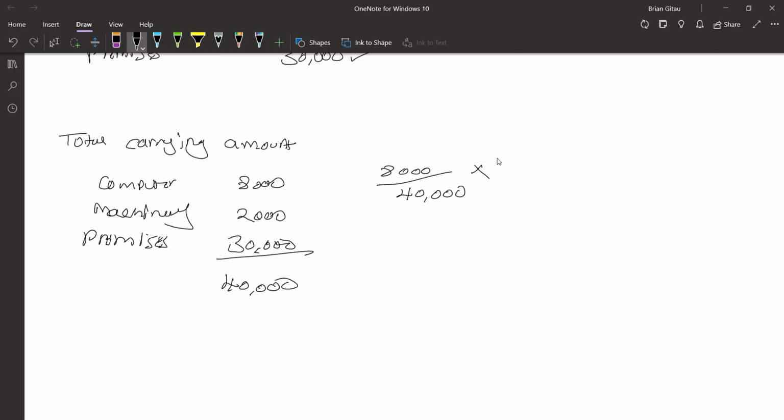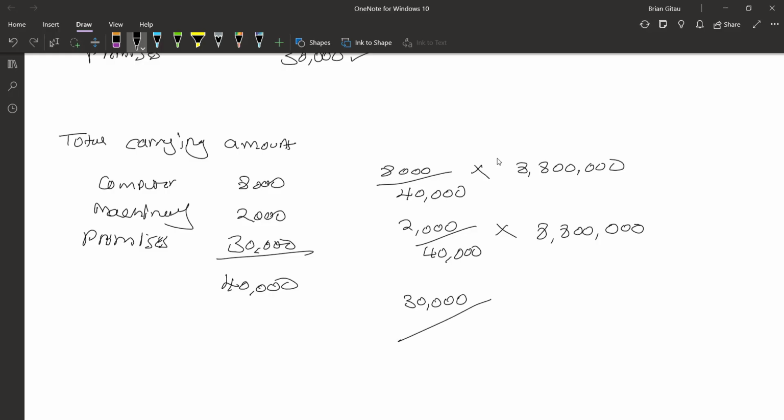So times 8.8 million. We go to the next one, machinery. We have 2,000 out of 40,000 times 8.8 million. And lastly, we have premises, 30,000 out of 40,000 times 8.8 million.